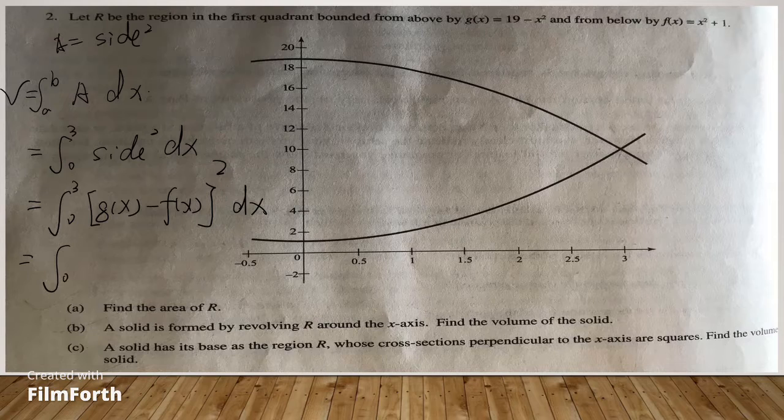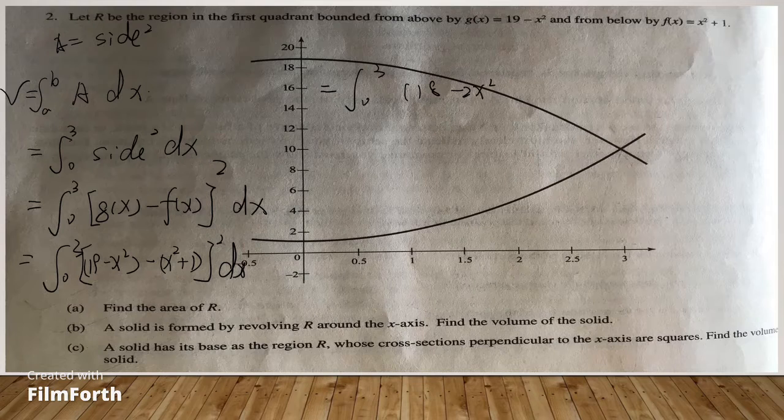So plug in 19 minus x squared minus x squared plus 1, squared dx right here. So it equals, combining like terms, 18 minus 2x squared, squared dx.